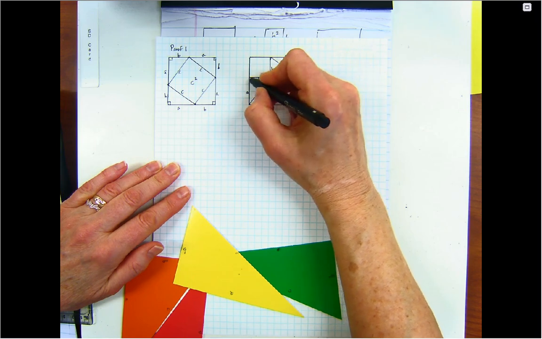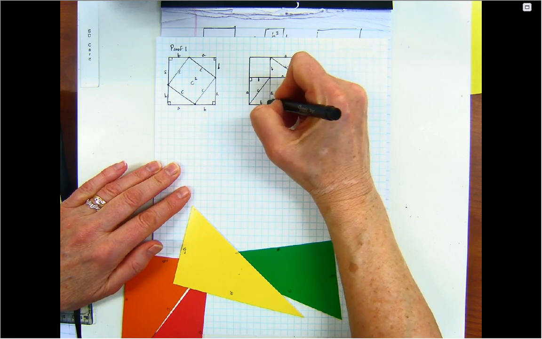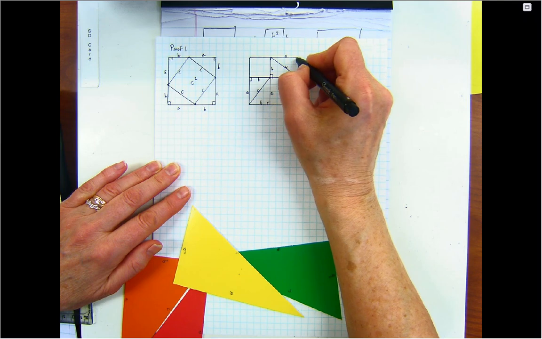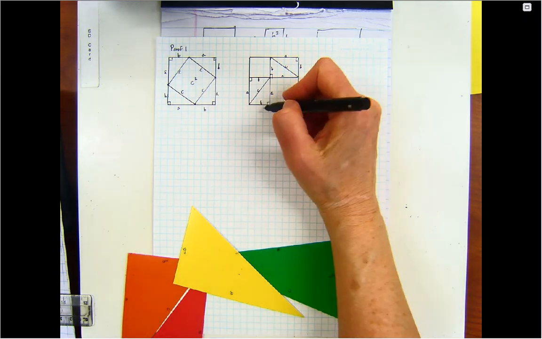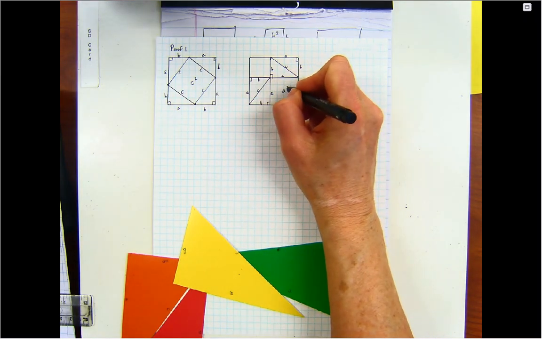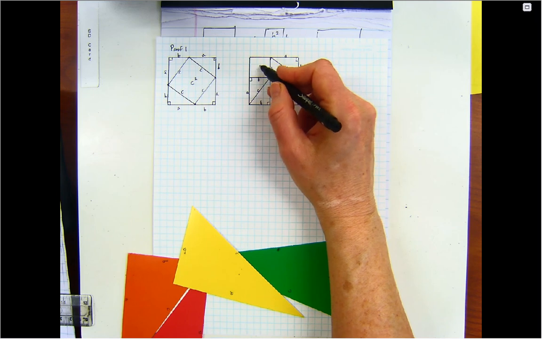And then the right angles to show that we're using right triangles. And then with the nice A's, B's, and C's, it's easier to see that you have a square A tall and A wide. So that's A squared. B tall, and B wide, B squared.